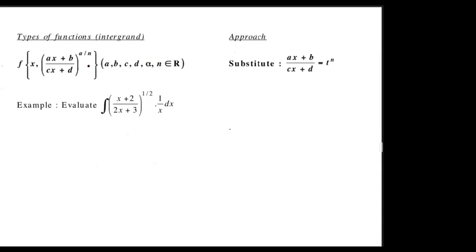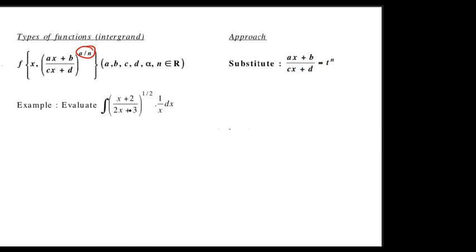So here also you can have these kinds of forms where you have a function of ax plus b divided by cx plus d. This is linear and it is having any power, let us say a by n, right? So you directly substitute whatever radical term there is, ax plus b divided by cx plus d, as t raised to power n, right?